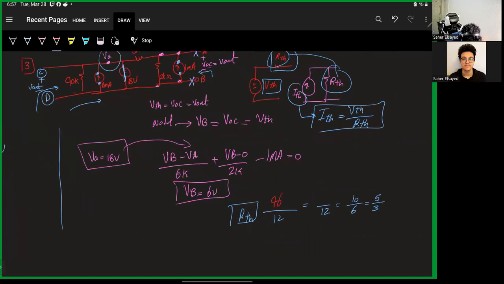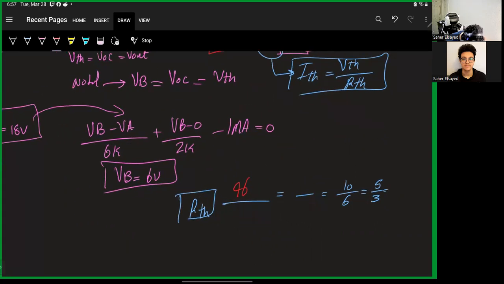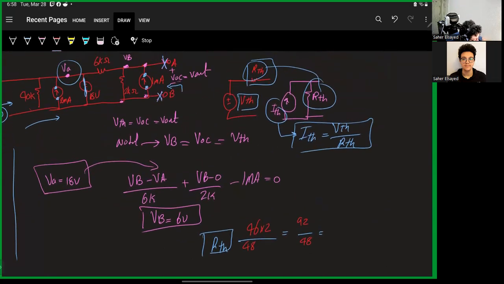So 46 times 2 is 92, divided by the sum, which is 48.